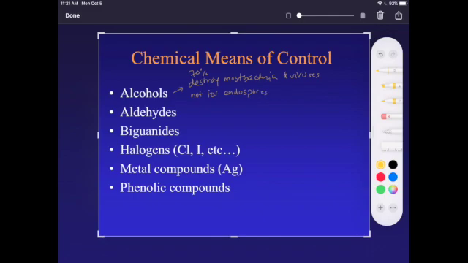So if you still have endospores under your fingernails, which is entirely possible, when we swab people's hands in laboratory, we occasionally do find some endospores there. Alcohol's not going to kill that. But alcohols actually work as a disinfectant and as an antiseptic. We use it on our hands. So I would categorize those as both.